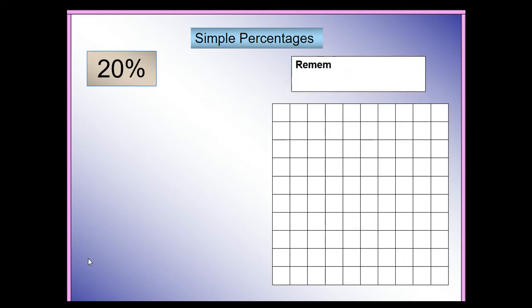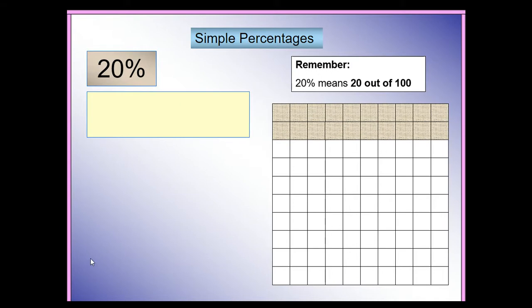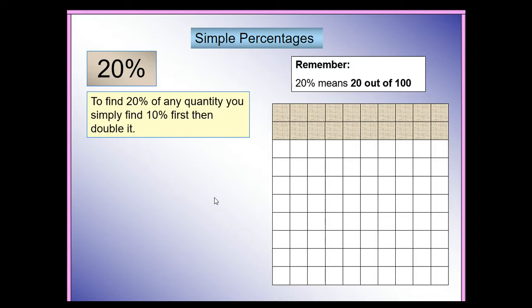20% you've dealt with already, but I'll just show you a different way, because you were dividing by 5. This time, instead of doing that, remember 20% means you've got 2 bars, so if you know how to do 10% mentally, you just double it. So what we're going to do this time is find 10% and then double your answer.